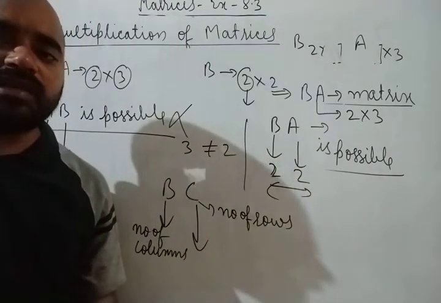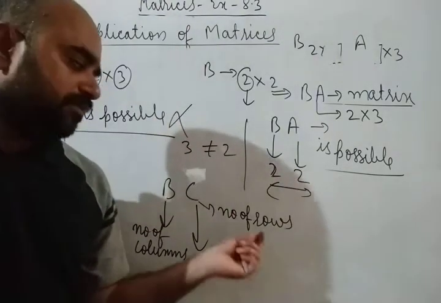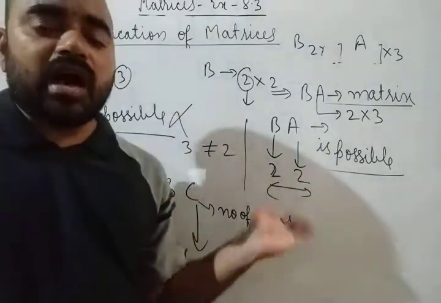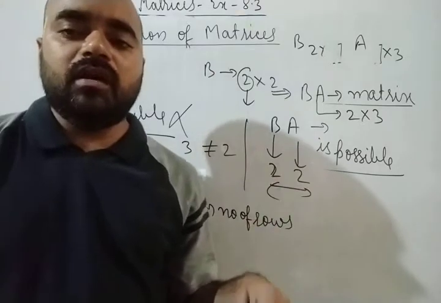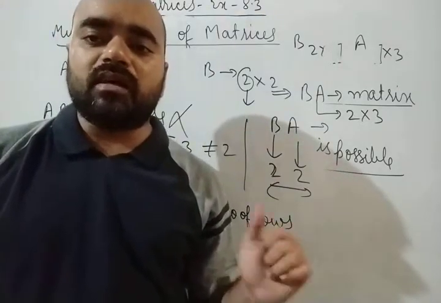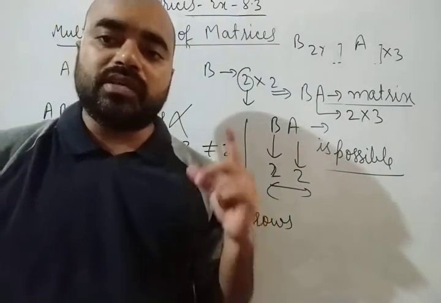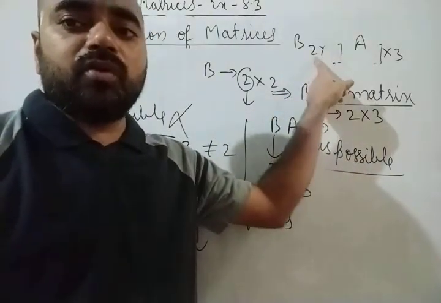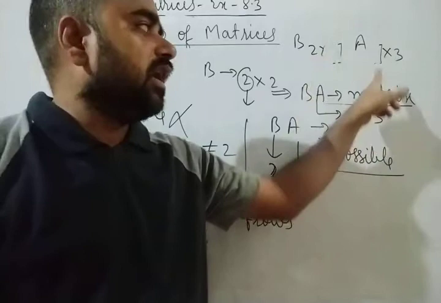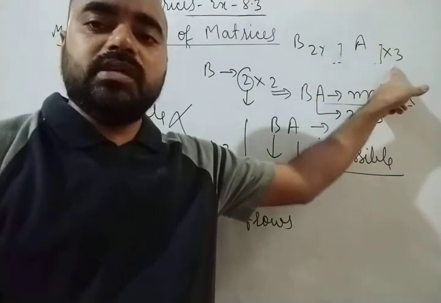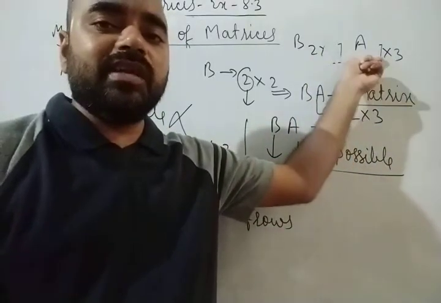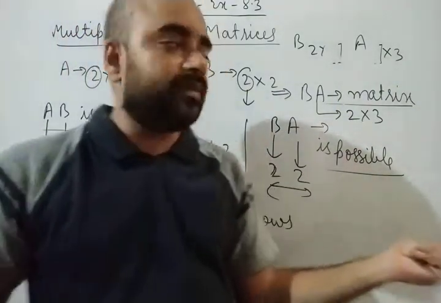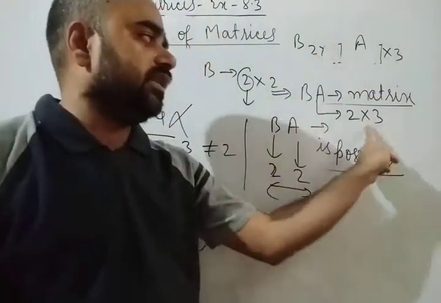It can be any, XY, YZ, BC, CB, AB, DA. After that, the second thing is the order of the matrix after multiplication. The number of rows in the first matrix and the number of columns in the second matrix are left. That gives the order of the resultant matrix, that is 2 by 3.